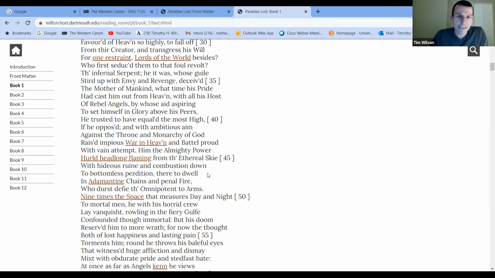So the syntax is reversed. Him, the almighty power, hurled headlong. Instead of the almighty power hurled him headlong, it's reversed in almost Yoda-like language. So it's backwards, just like Satan is kind of backwards and falling upside down. And with the H's, as you read it out loud, you're kind of out of breath.